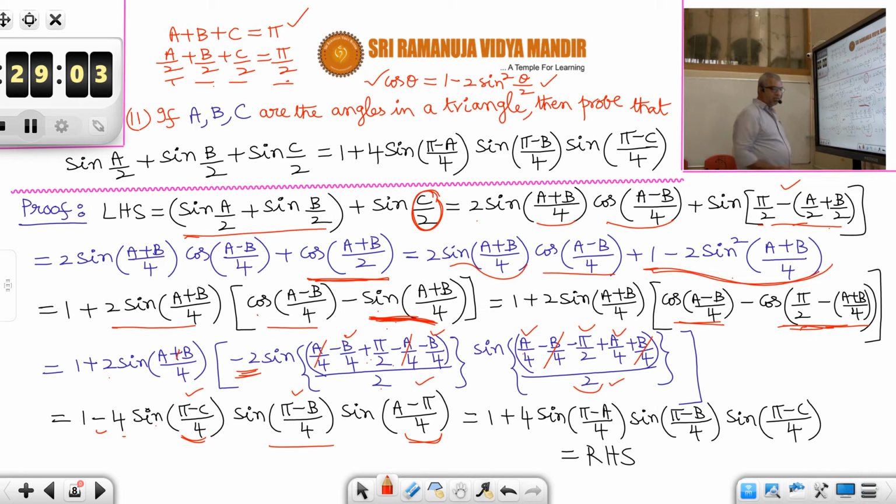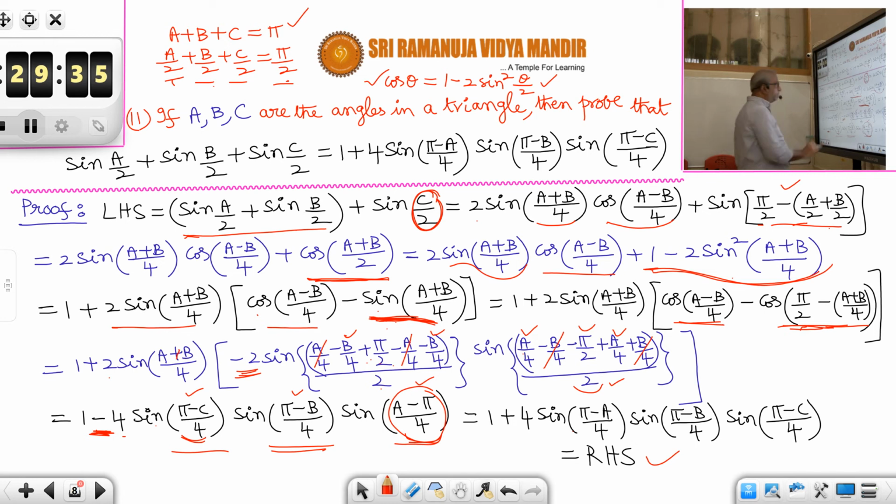Sin minus theta is equal to minus sin theta, so change the angle theta to minus theta, then minus has to be taken out. That minus will change the front side minus into plus. Therefore 1 plus 4 sin (pi minus a by 4), sin (pi minus b by 4), sin (pi minus c by 4). So that is the right hand side. Okay, correct. So we have proved it.